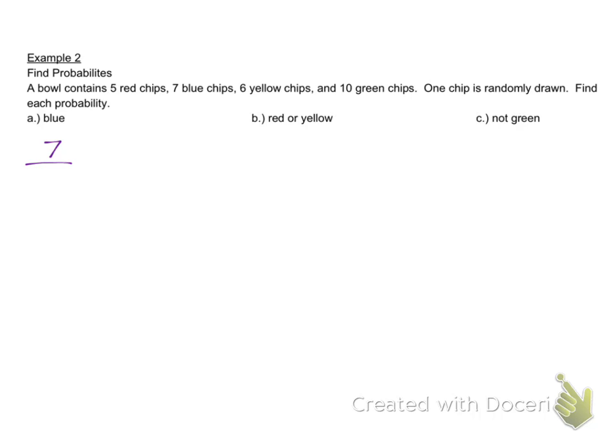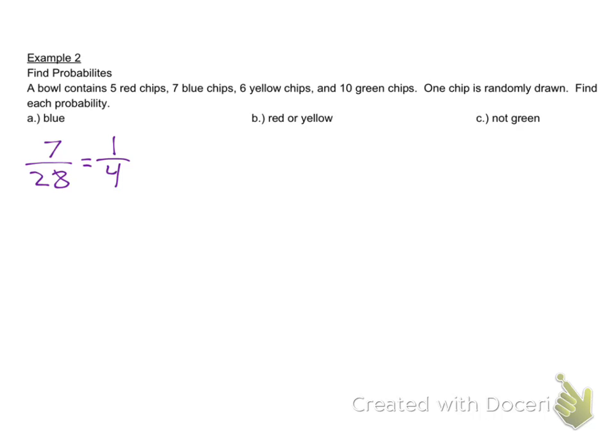So 12 plus 6 is 18, plus 10 is 28. So 7/28, a 7 out of 28 chance. Or I think we can reduce that, can't we? Are 7 and 28 divisible by something? They're both divisible by 7. 7 divided by 7 is 1, 28 divided by 7 is 4. You have a 1 in 4 chance of pulling out a blue chip.